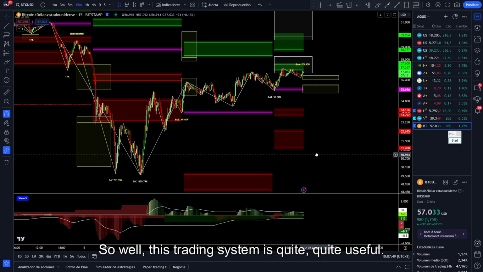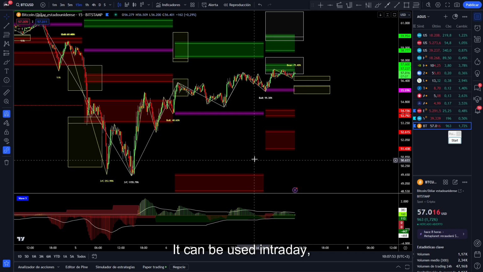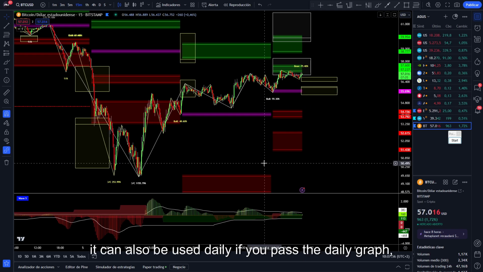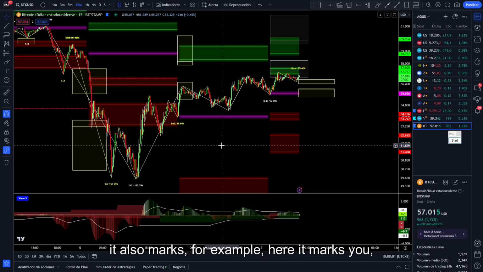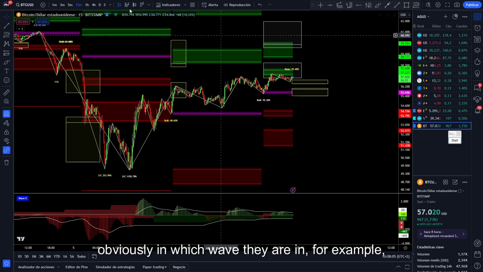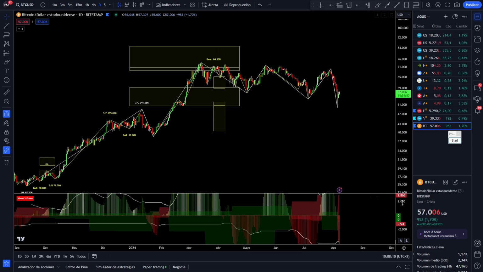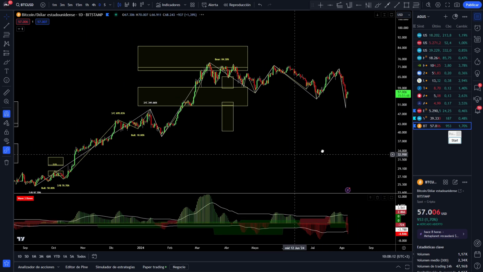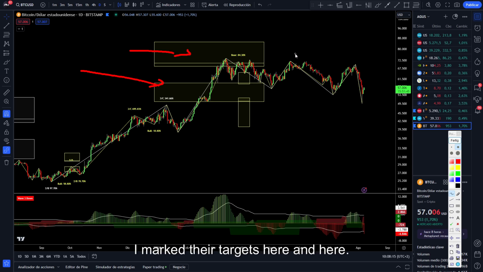Well, this trading system is quite useful. It can be used intraday. It can also be used daily. If you switch to the daily graph, it also marks, for example, here it marks you, obviously, which wave they are in. For example, in the Bitcoin case, it marked their targets here and here.